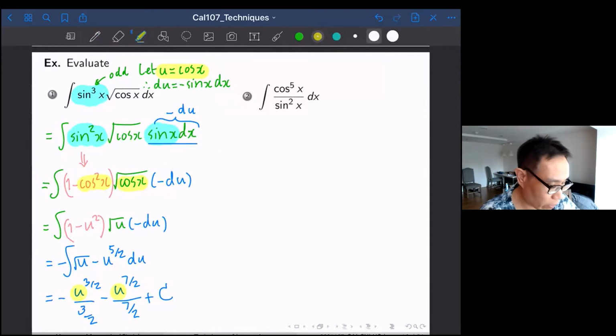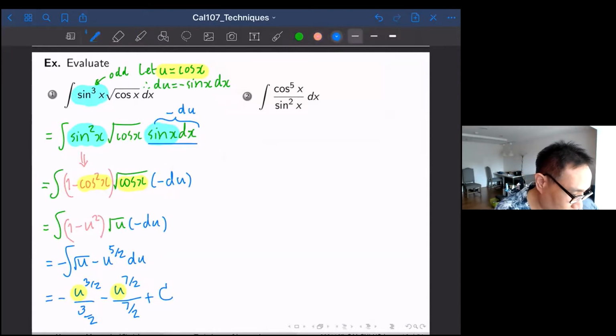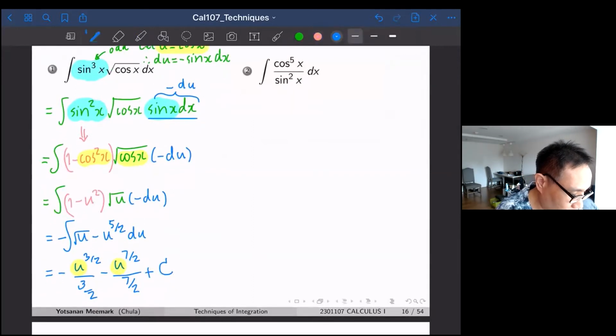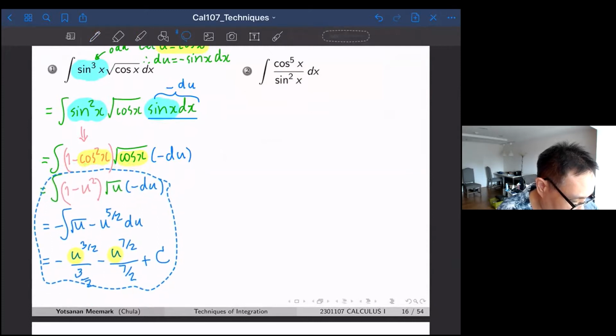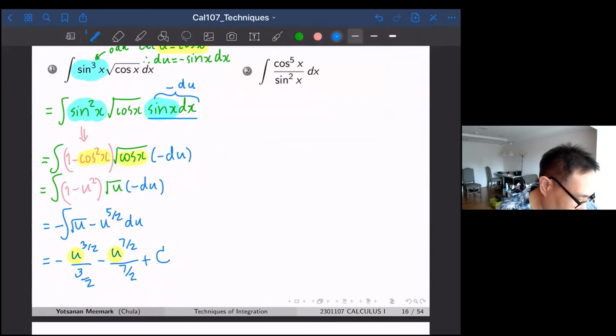Okay, so you have u equal to cos x. Let me move this term up a little bit so I can have some space to work with. For the final answer, you're going to get negative 2/3, and this one turned out to be positive.